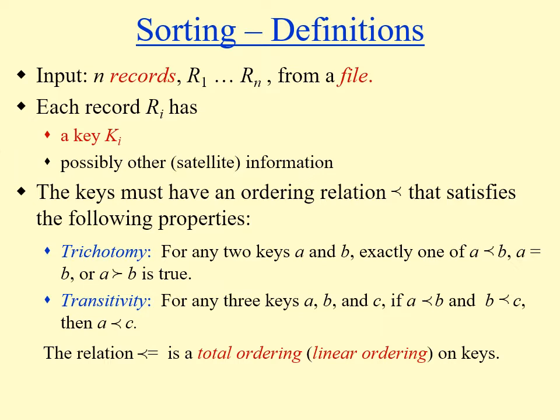A is less than B, B is less than C, then A is less than C. So as long as you know A is less than B and B is less than C, you can rank A, B, C in that order, because we have this transitivity.